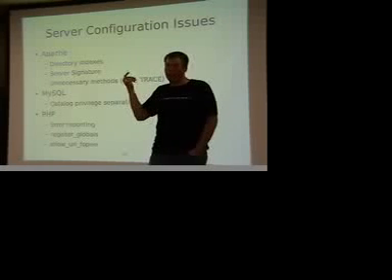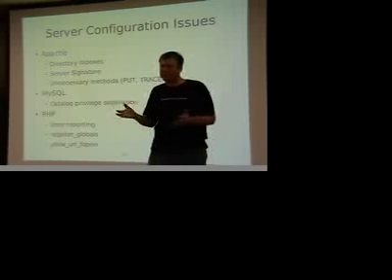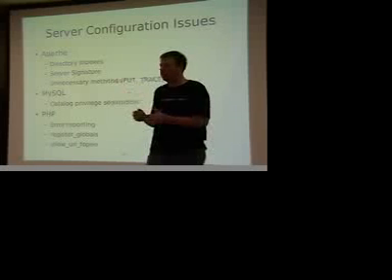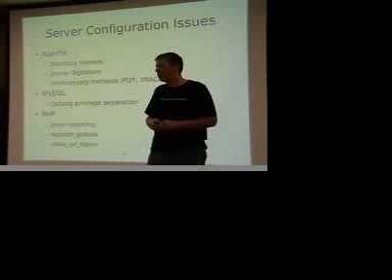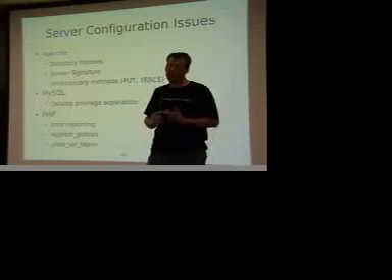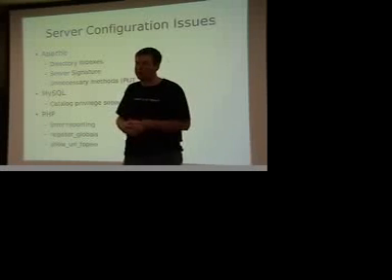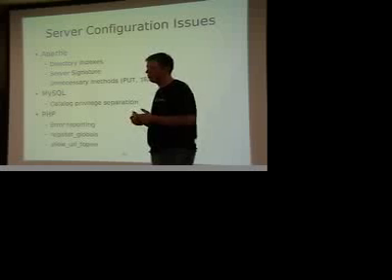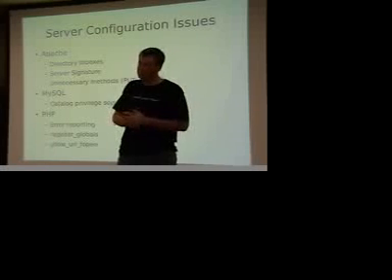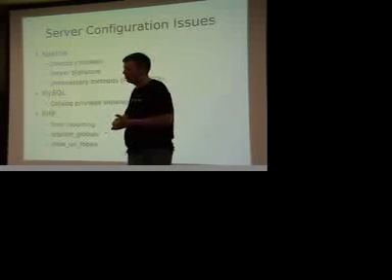Well, where did $user come from? It just simply existed. It was there because it was sent in the cookie. And register globals thankfully has been turned off by default in PHP 5, and it will be gone in PHP 6.